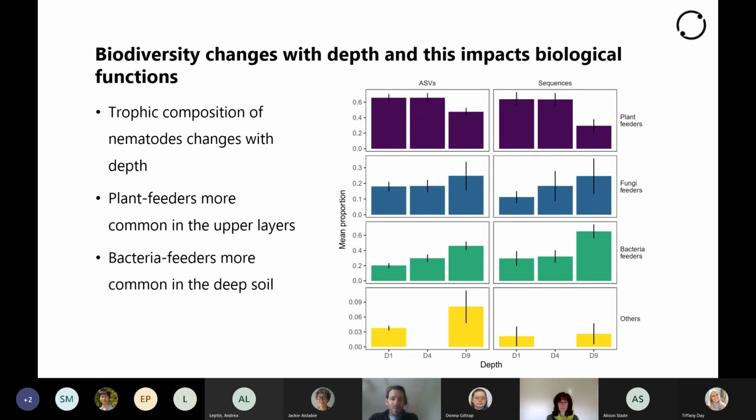So this illustrates that changes in the biodiversity throughout the soil do translate to changes in functions at different depths. And we can expect that different sets of organisms at different depths will affect how the soil ecosystem functions at these different depths.